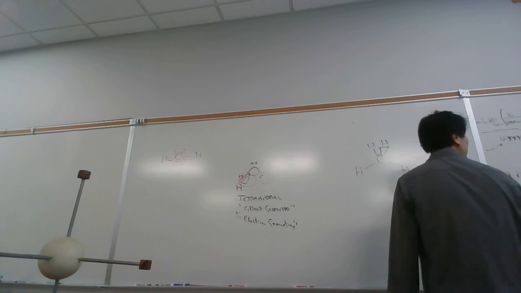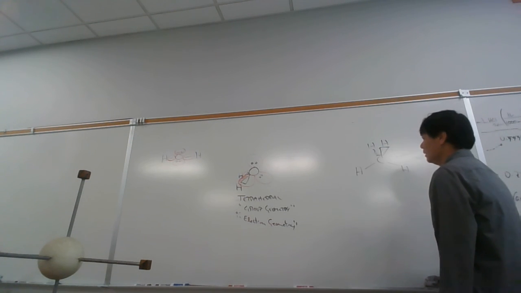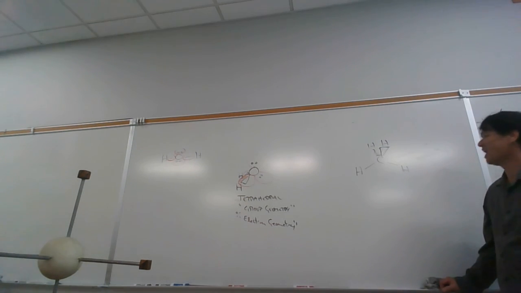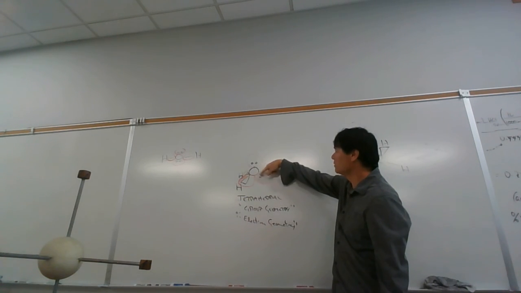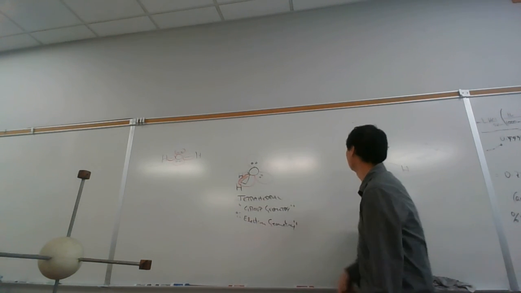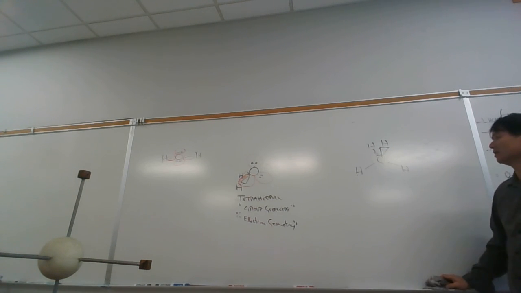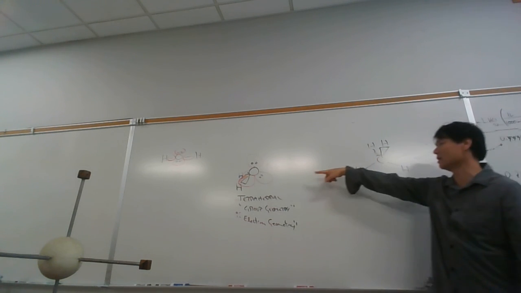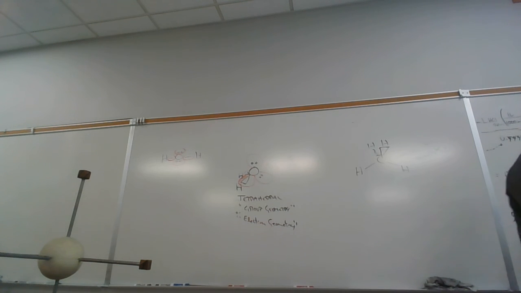And so what we try to do is always draw it the same way each time. That's what I do. To draw it the same way each time, we put two lone pairs in the plane, one wedged out, one dashed in. No matter how I twist this, same orientation as that. Two in the plane, one wedged out, one dashed in.